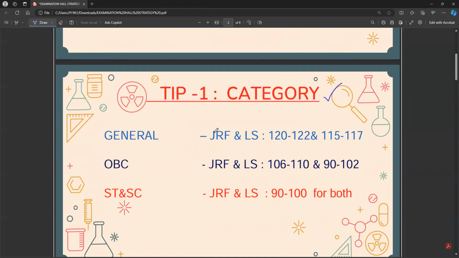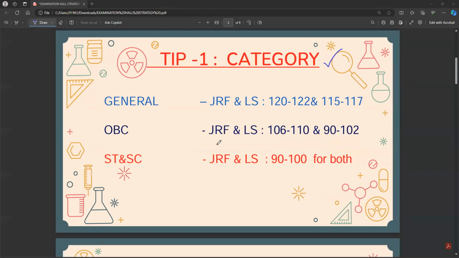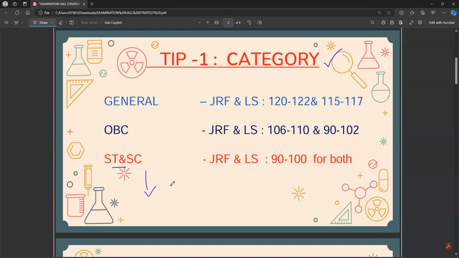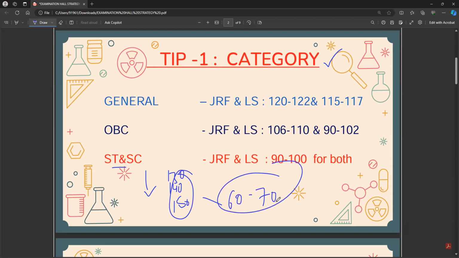Some people, without knowing their category, for example belonging to the ST or SC category, start answering for 140 marks or 130 marks. Some people will try to answer for 150 marks also. But surprisingly, they won't get even 60 to 70 marks, forget about 70 to 80.